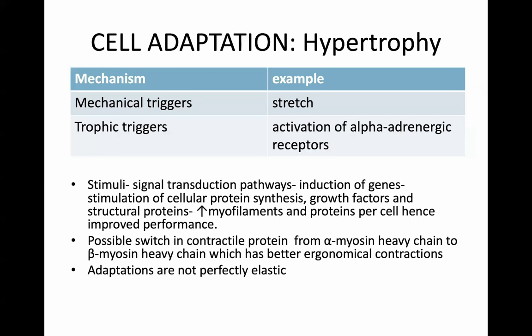The cells in the uterus divide more, and they also increase in size to accommodate the growing fetus. In that way, the uterus is able to enlarge very rapidly within a short period of time to accommodate the growth of the fetus. But of course, that's a physiologic process, not a pathologic process.